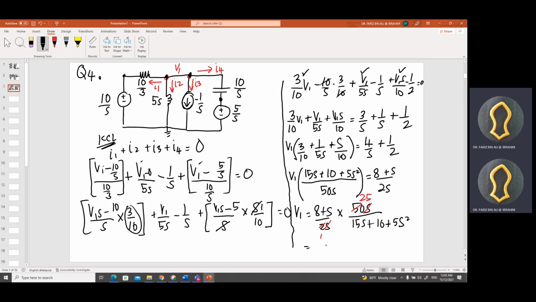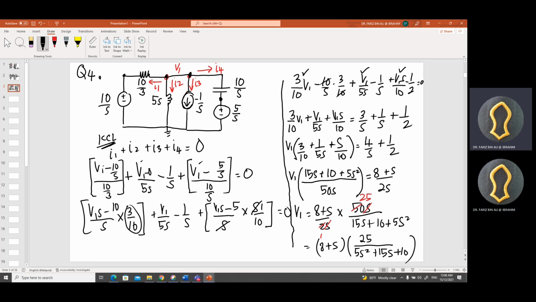Okay, so we rewrite it. So my V1 is 8 plus S, some bracket here, and here we have 25 over, arrange 5S squared first, 5S squared plus 15S plus 10. Okay, so this is your V1 in S domain.